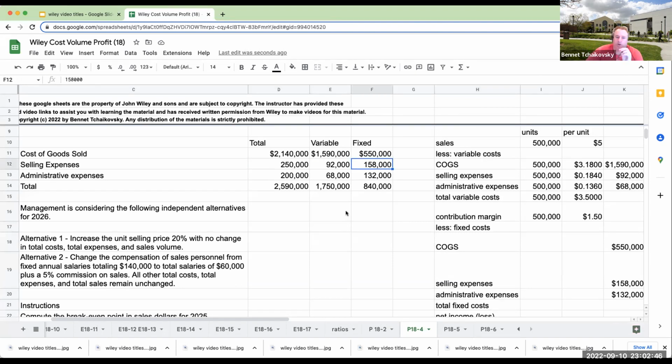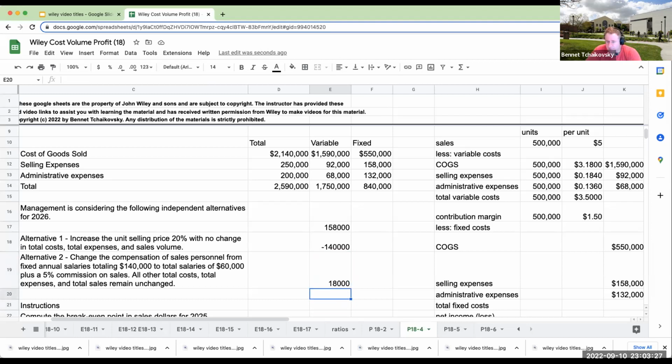Here's my problem. Change the compensation of sales personnel from fixed annual salaries of 140 to 60. If the fixed selling expense is right now 158, this is going to reduce it by 140,000. Of my selling expenses, 18,000 is non-salary related.